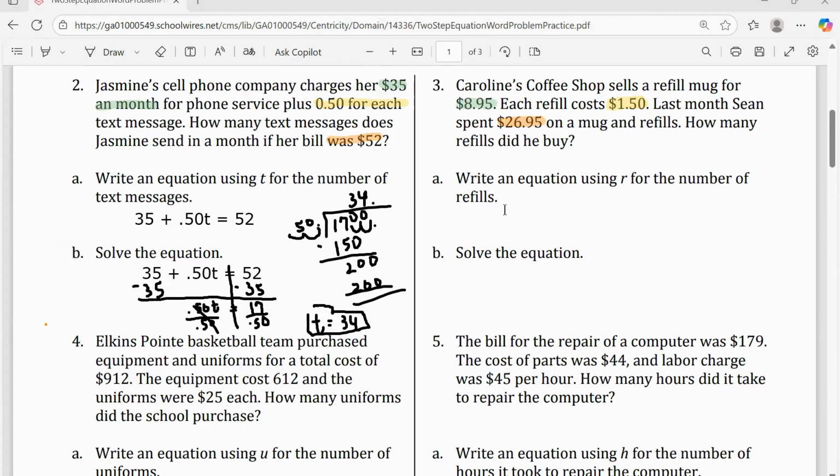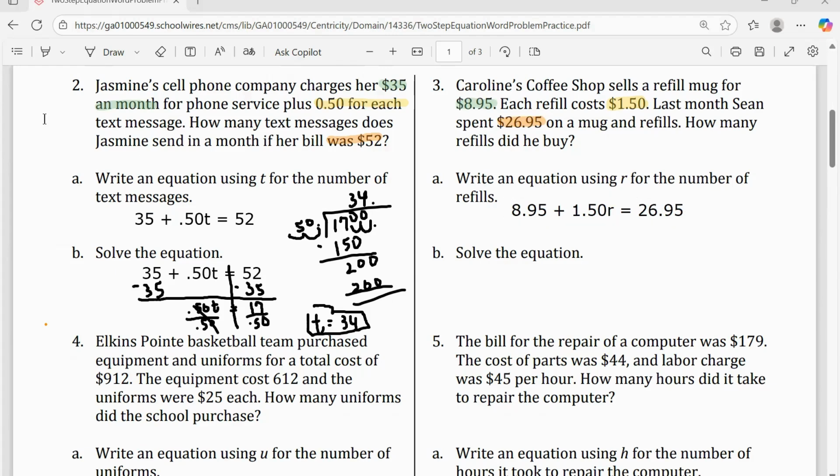Okay. So we've been able to identify those three things. Let's see if we can put them into our equation. So if our constant was $8.95, we're going to add our dependent variable of $1.50. Let's use R for our variable as it asked us to do in the question. And then we're going to put that equal to $26.95.